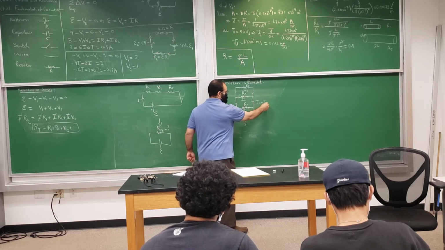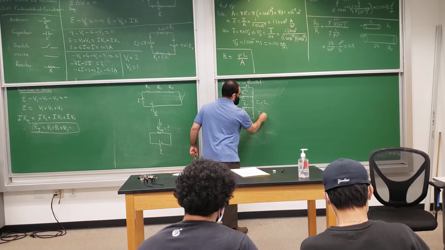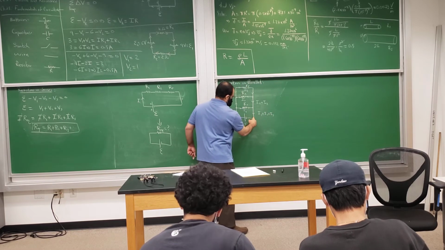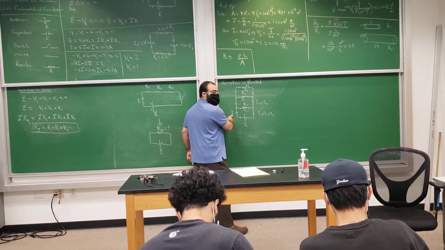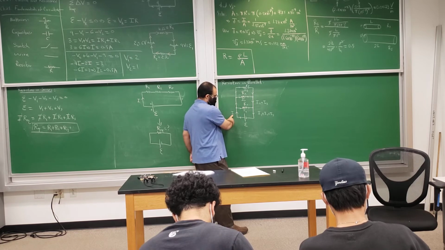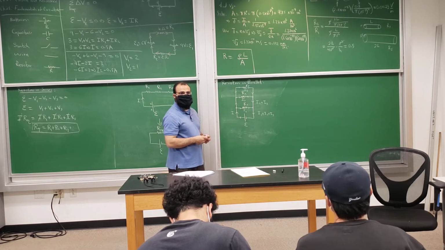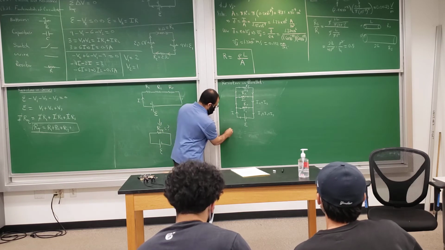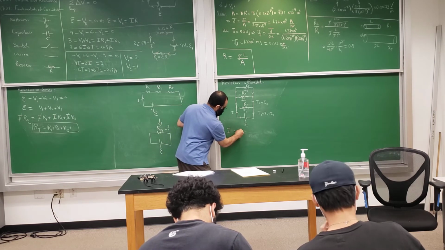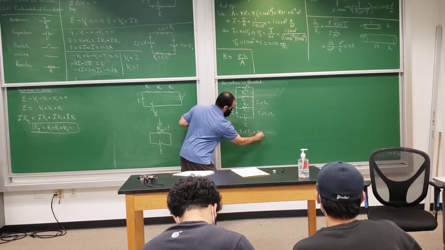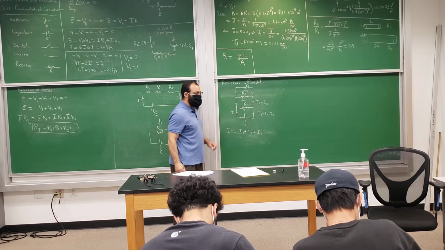I1 plus these two, right? So I1 plus I2 plus I3. And that flows through the battery, and that's equal to I. So I should equal I1 plus I2 plus I3.